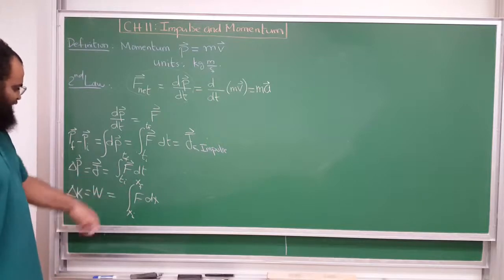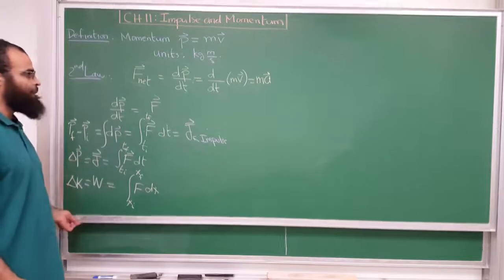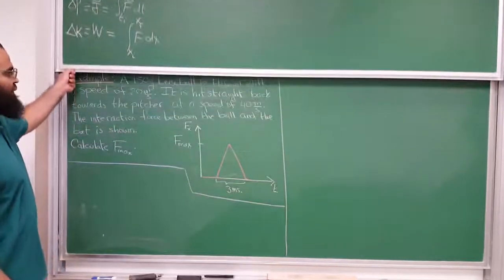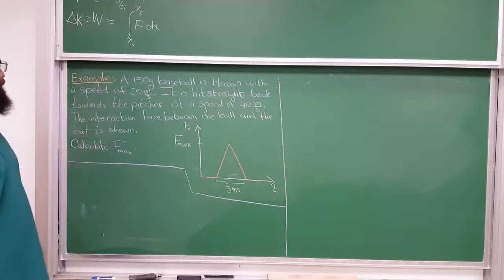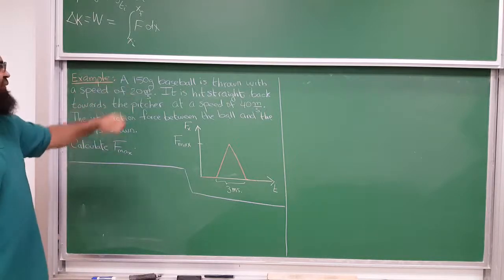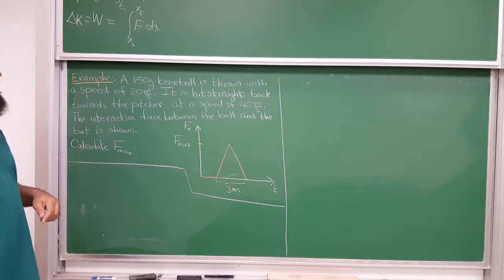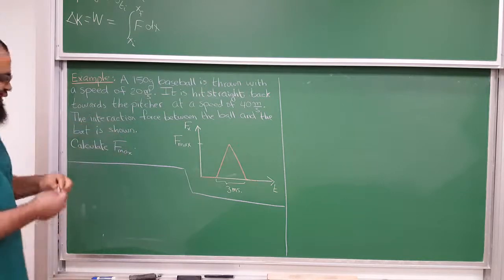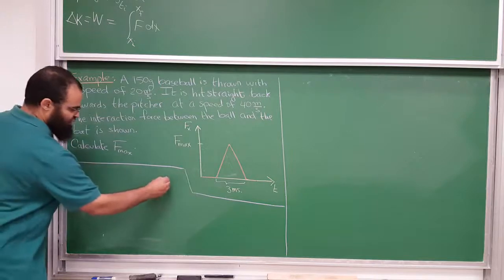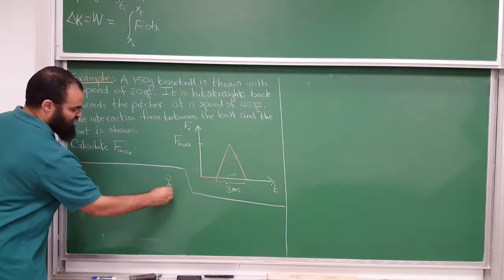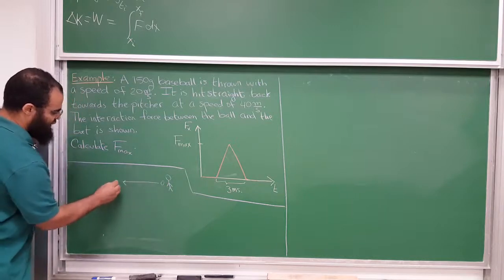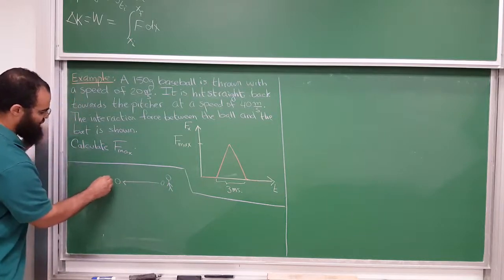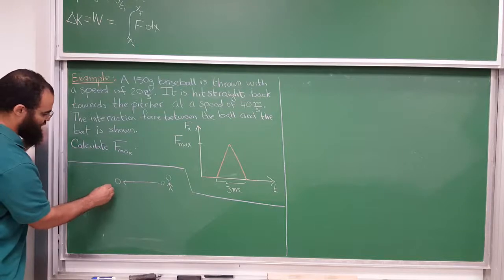So let's do an example of this. It says here, a baseball is thrown with a speed of 20 meters per second, and then it is hit straight back toward the pitcher. So here is a person, and that person throws a ball. The ball comes this way, and then it hits a baseball bat.